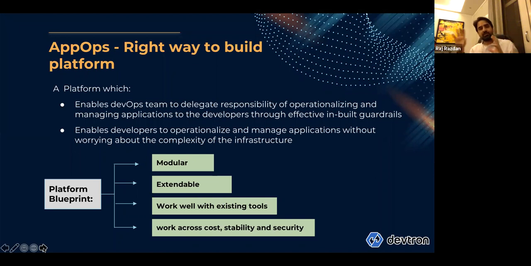Because this interplay of DevOps as a user group and developers as a user group will always be there. When it comes to writing applications, from staging to production and deployment, there will always be DevOps teams' supervision.